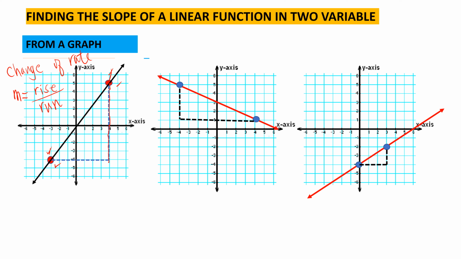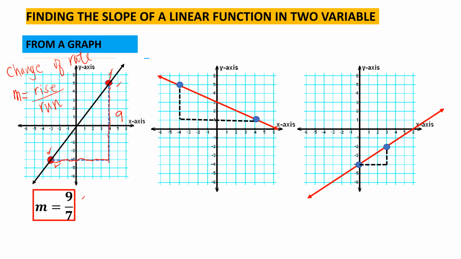Okay, so this is 9. While here, the run is 1, 2, 3, 4, 5, 6, 7. So meaning the slope of this line is 9 over 7.